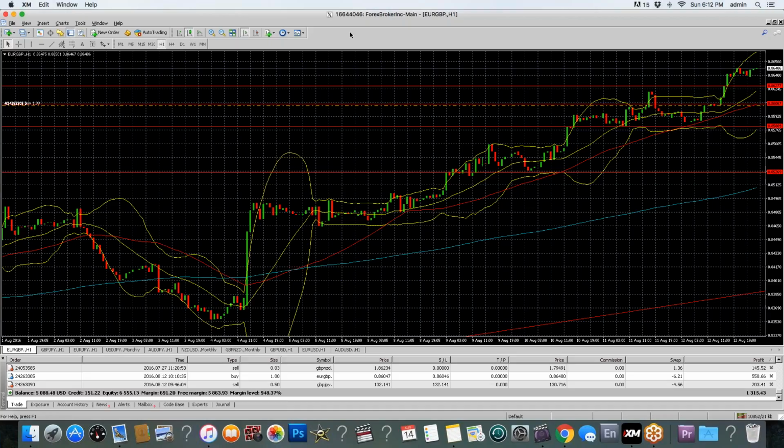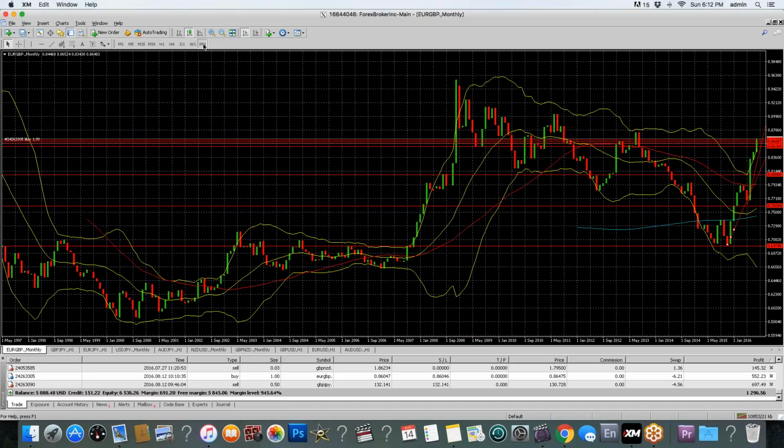You know, because these can trend for months, trend for years. Let's say you got in a buy right here on Euro GBP, 0.69 to 0.86. Okay, that's thousands of pips right there.